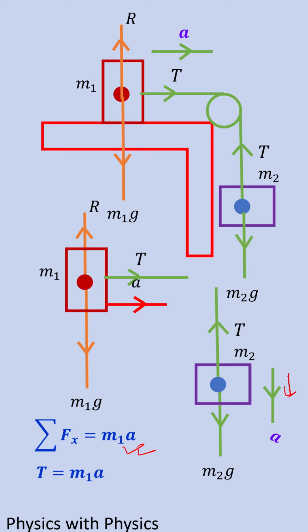That's why we write m2g minus T. If the direction were upward, we would have written T minus m2g. Since the motion is downward, we write m2g minus T. Summation of Fy equals m2a, so m2g minus T equals m2a.